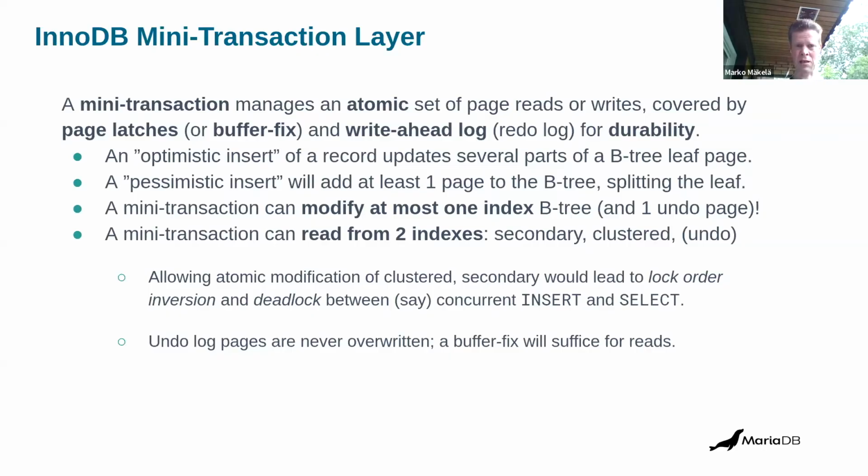The reason for that is that for read operations, we need to be able to read from two indexes in the same atomic mini transaction. So when we are looking up some record by the secondary key, we may need to look up the primary key, and then we may need to check some undo log pages to fetch the correct version of the record.